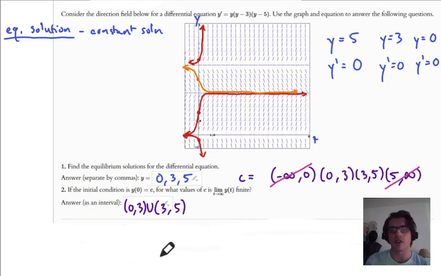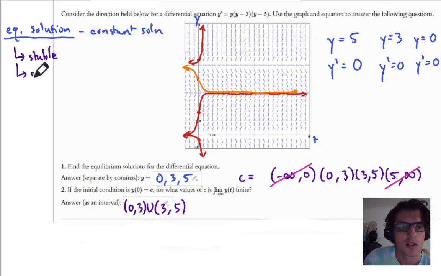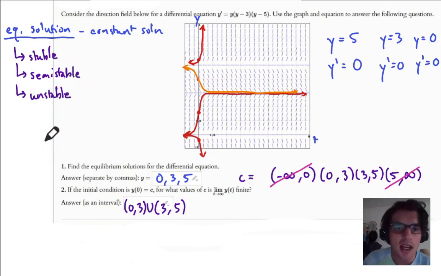And just to introduce the concept I was referring to earlier, for equilibrium solutions, we have 3 types. We have stable, semi-stable, and unstable. I want you to look at our solutions y equals 5, y equals 3, and y equals 0.